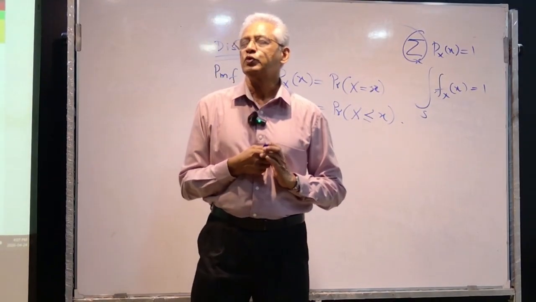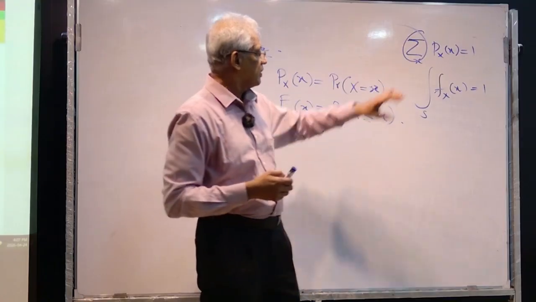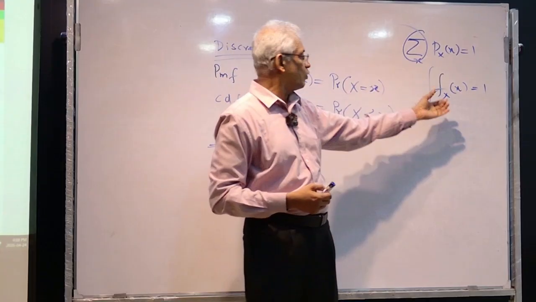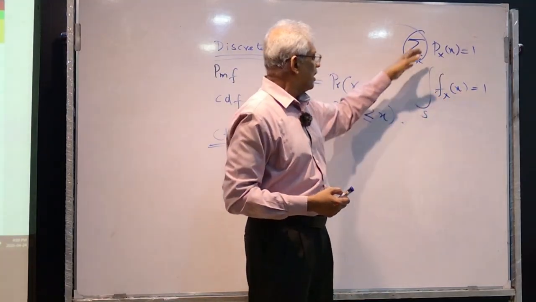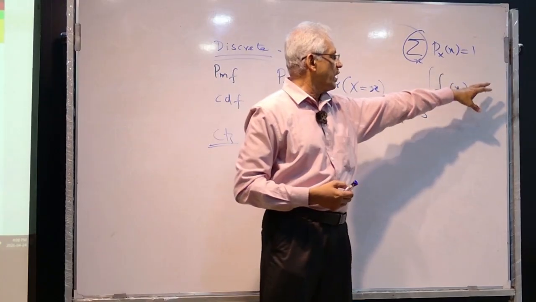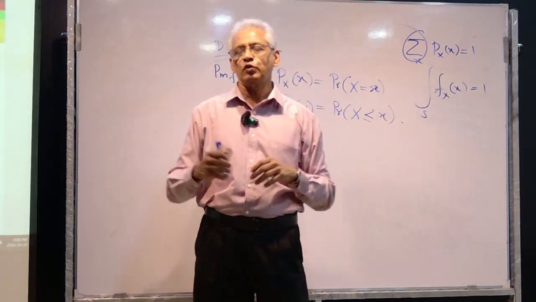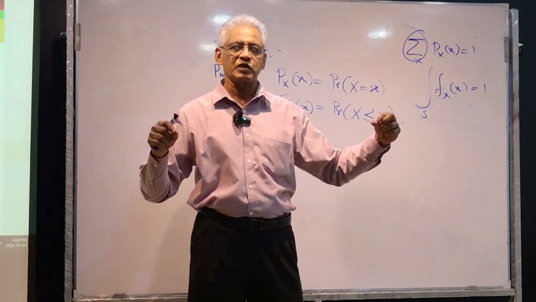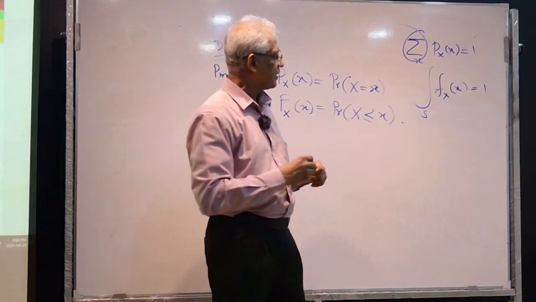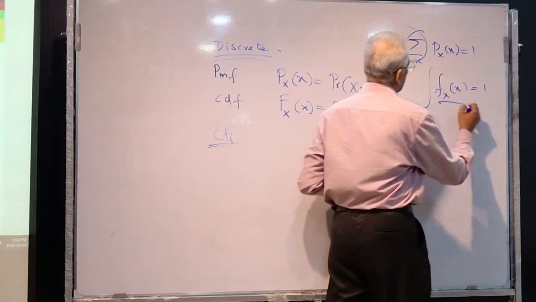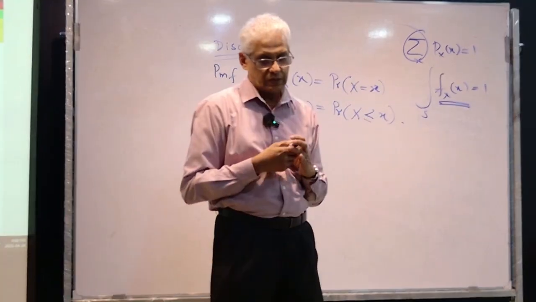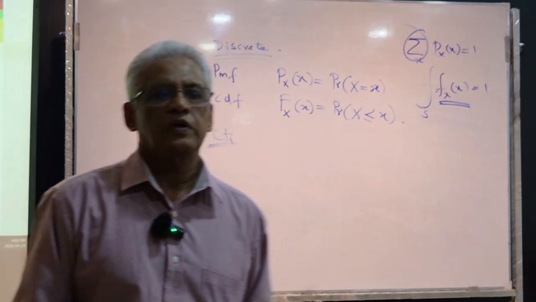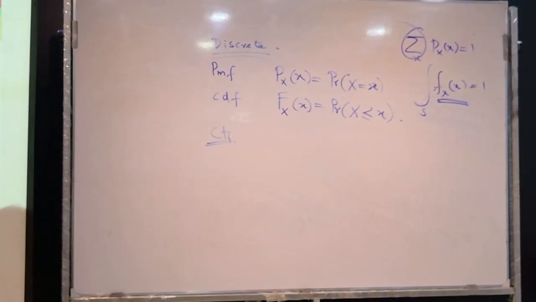That's what we have to do for a continuous random variable. Instead of the summation property, we have to look at a property like this, and find some fx which will give you the value 1 when it is integrated over a certain interval, where the interval is the set of values that x can take. So can we find this kind of function? That is the problem.